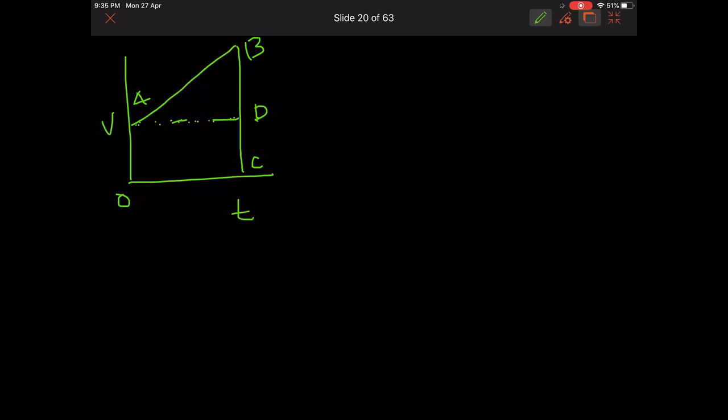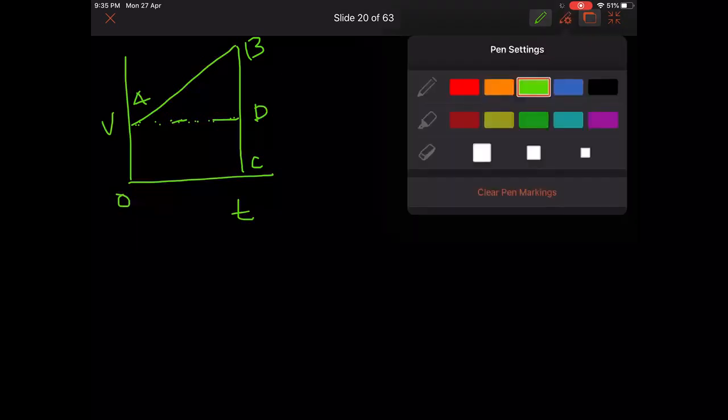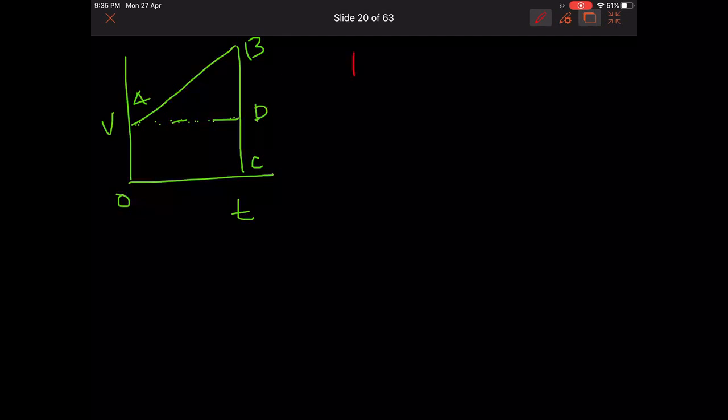Now in this graph, whenever you want to derive the first equation of motion, first what you have to do is write BC. How can you write this BC in terms of BD and DC? You can write BC is equal to BD plus DC, isn't it? You can actually split them. Now what is BC? I already told you BC is nothing but V, and this is U, right?